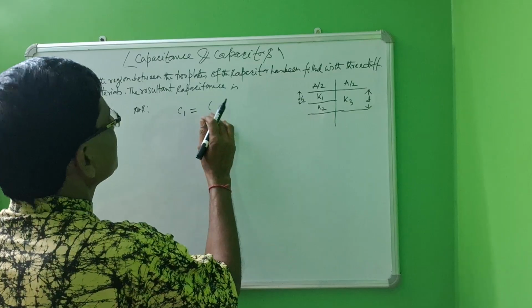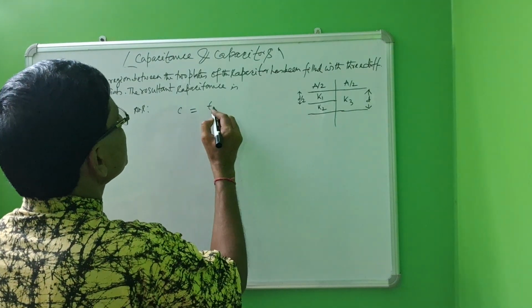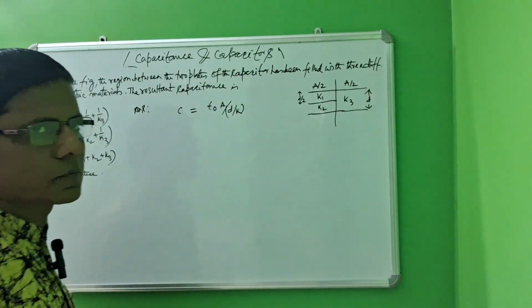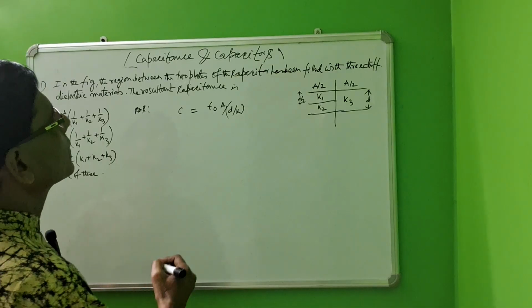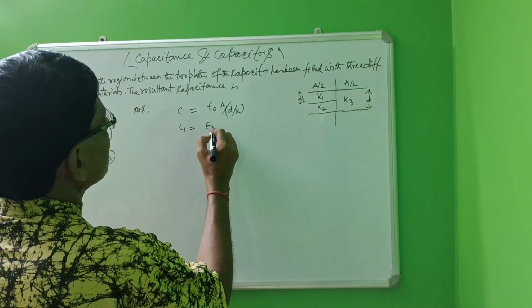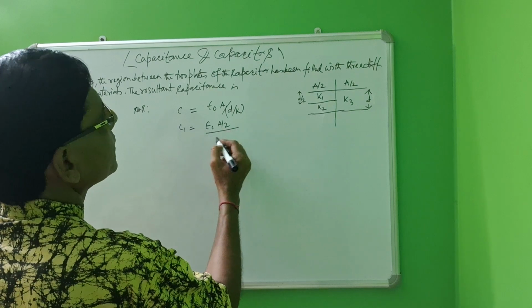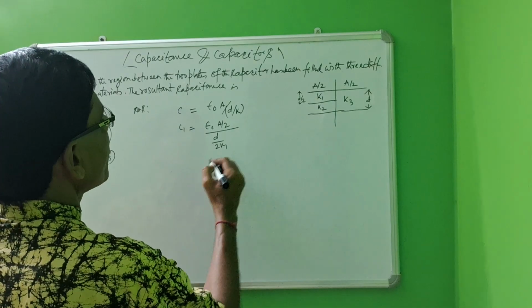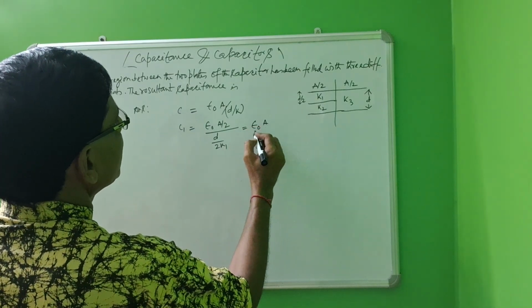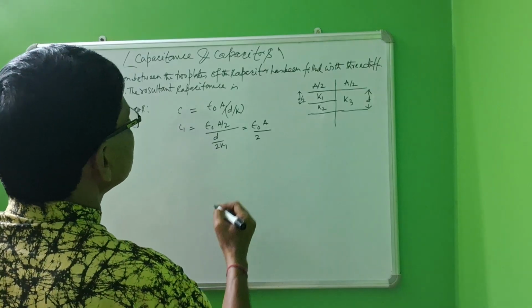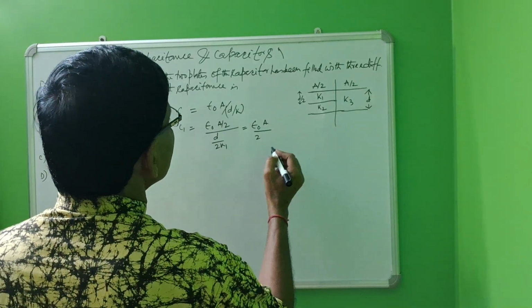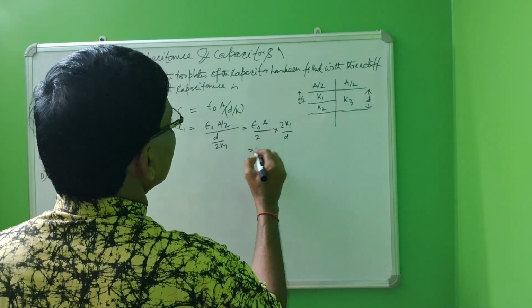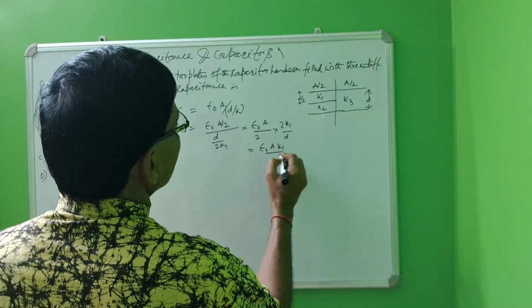We know the general formula for C as epsilon 0 A upon D by K. So C1 equals to epsilon 0 A by 2, divided by D by 2 K1, equals to epsilon 0 A twice K1 by 2D, equals to epsilon 0 A K1 by D.